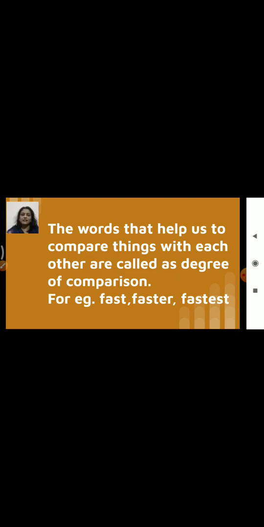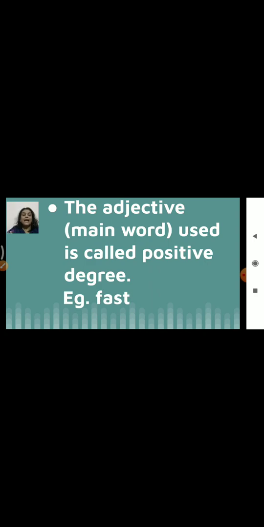Followed till here? Now, the adjective, the main word which we took, for example, fast, the main word, the adjective used, is called positive degree. What is it called? Positive degree. The main word, the adjective used, is called positive degree.